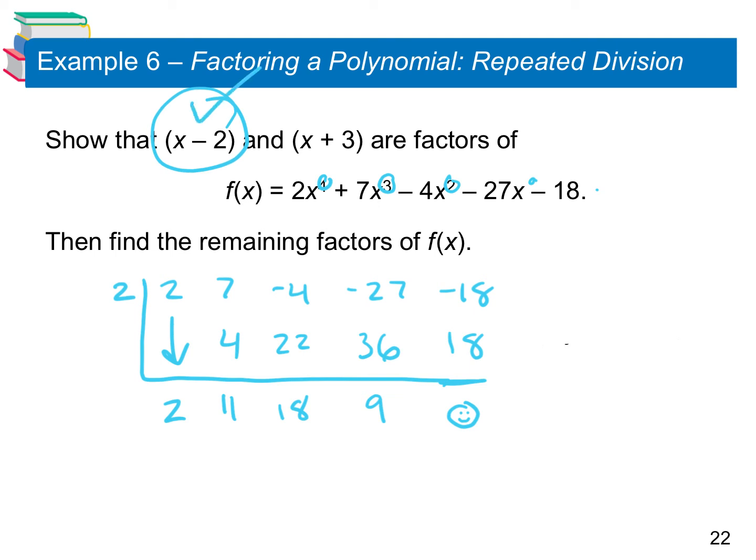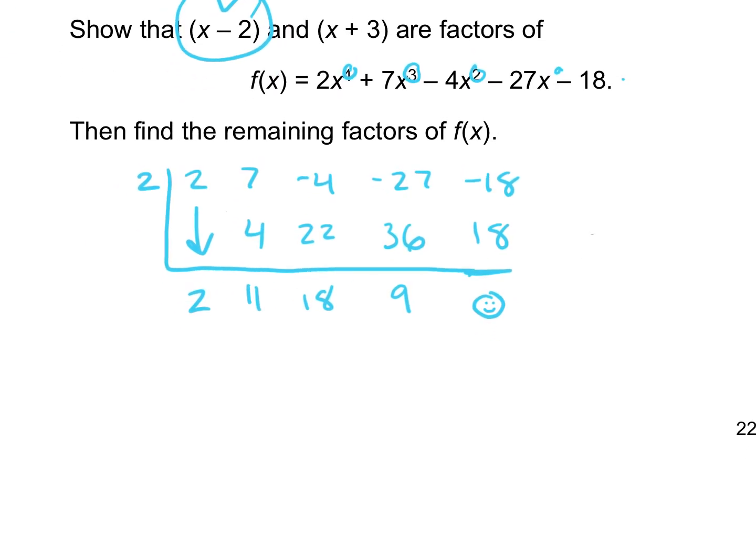Yes. So this is a factor. I just divided out x minus 2, so now I'm left with 2. This would be x to what power? X to the 3rd power plus 11x squared plus 18x plus 9, and we have no remainder.